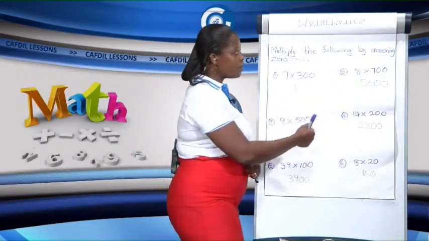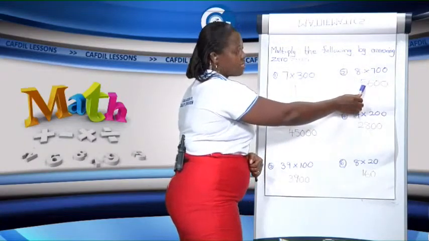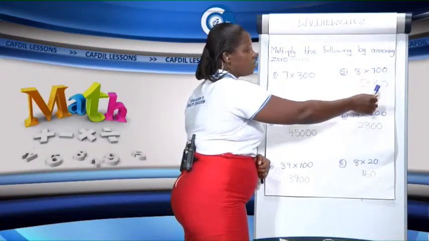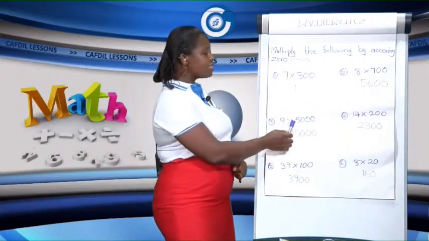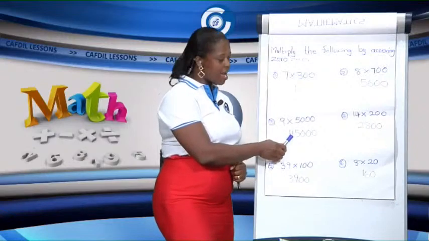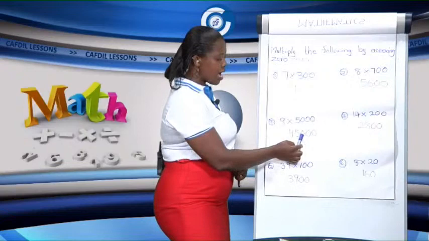The second example, 8 and then 7. 8 times 7, 56. We added our 2 zeros. And the next one, 9 times 5, 45. We had 3 zeros. 1, 2, 3. We added it.